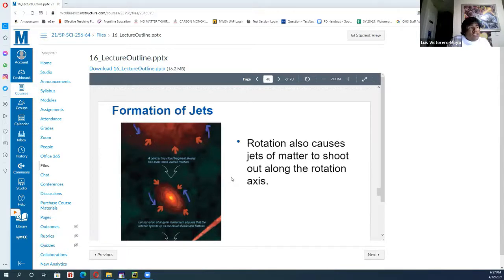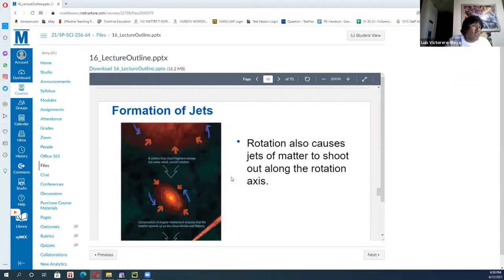So obviously these jets have to do with the particles that are being, so here's what I'm going to mention. I'm going to mention the accretion disk. So similarly to a black hole, it's not the same, but there is a disk of high energy particles that are being produced nearby the protostar. That's because as the cloud shrinks and contracts, it's speeding up. So that gives energy to the particles.